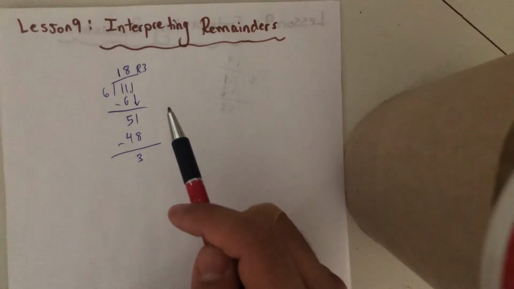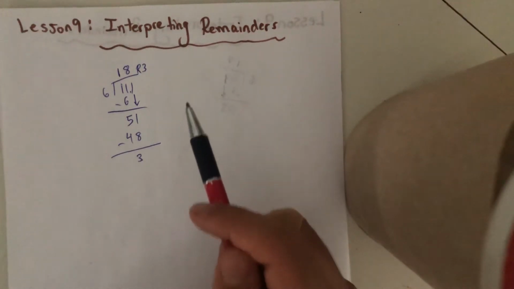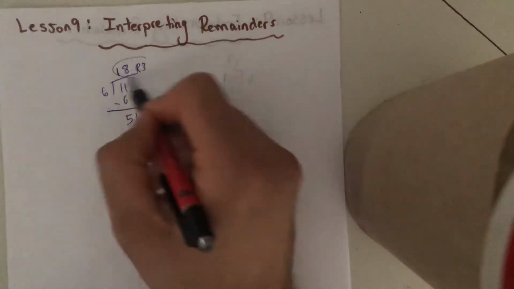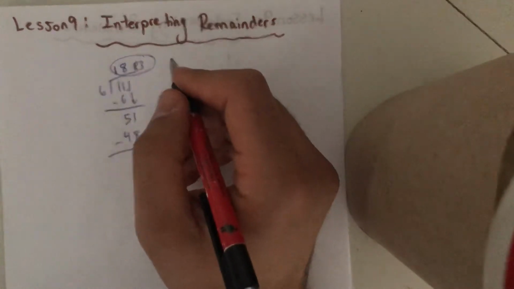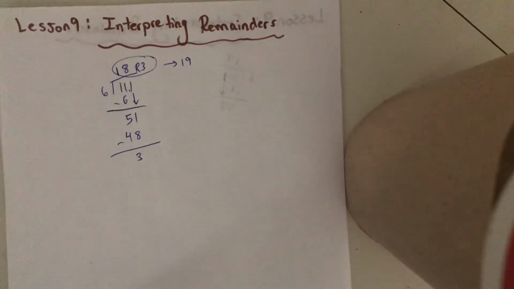If you look at the answer that Matthew gave us on page 324, his answer was 19 cars. So he rounded 18, remainder 3, into 19. Why do you think he did so? He did that because an extra car was needed for the 3 extra people, so he rounded the 18, remainder 3, up to 19.